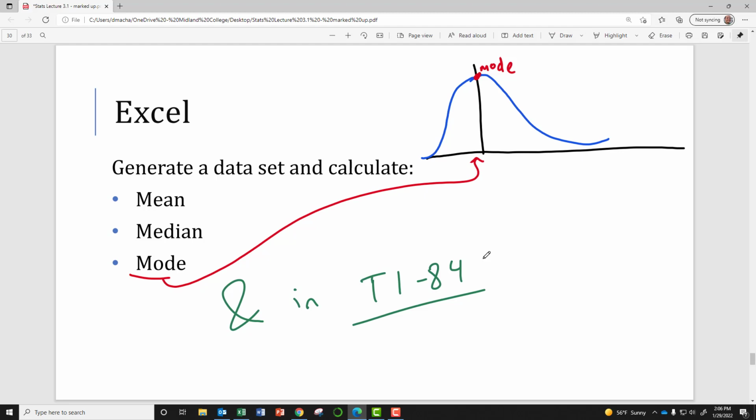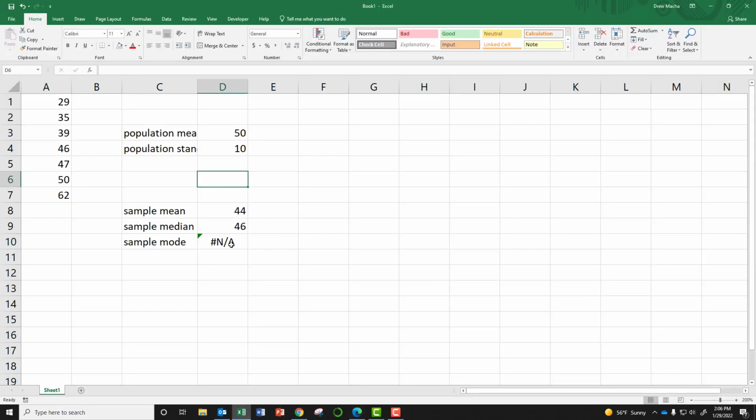And yet, whenever we talk about the sample mode, what we're talking about is the value that appears the most times in a particular data set. So the measurement that appears the most times, there's not really one in this data set because none of these values repeat themselves.